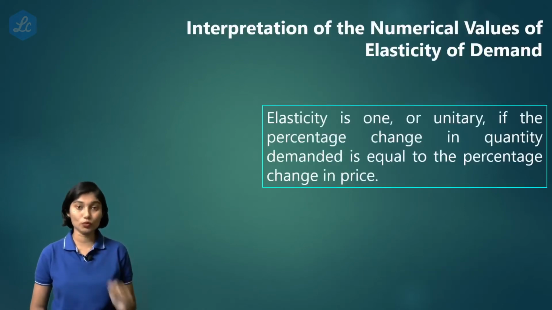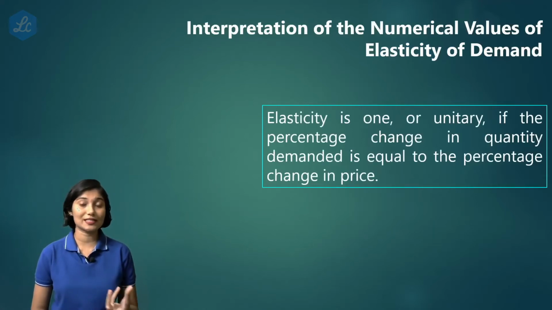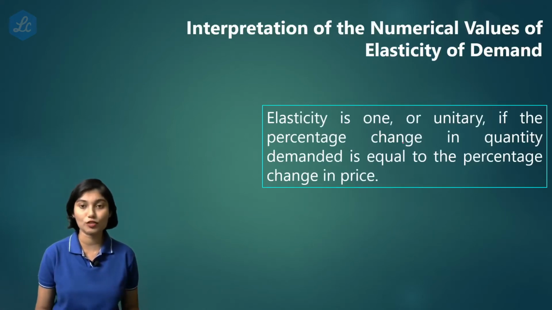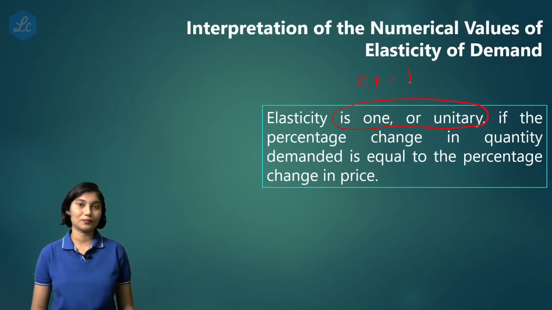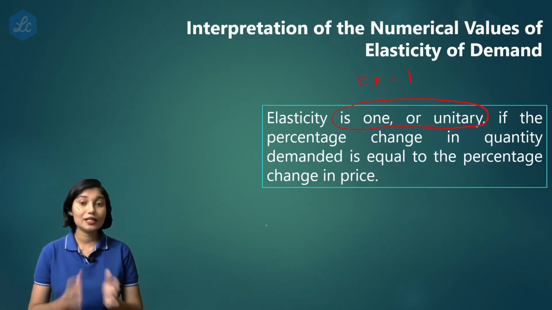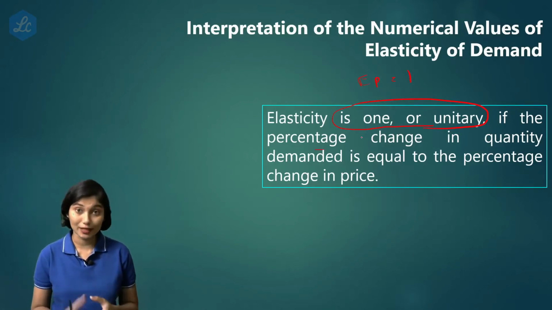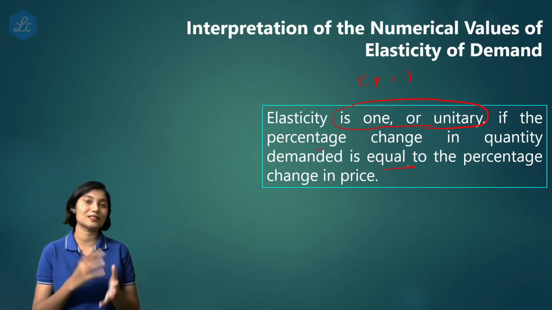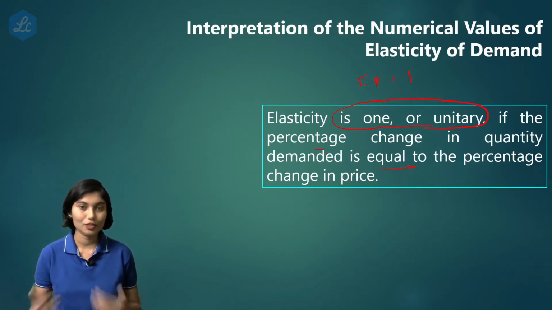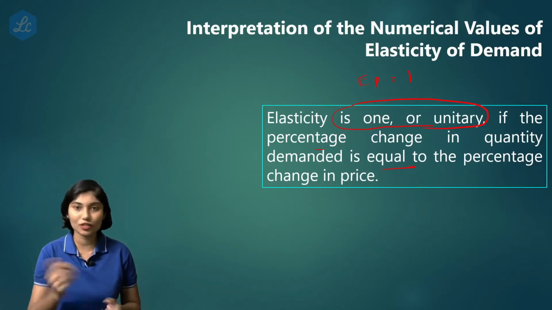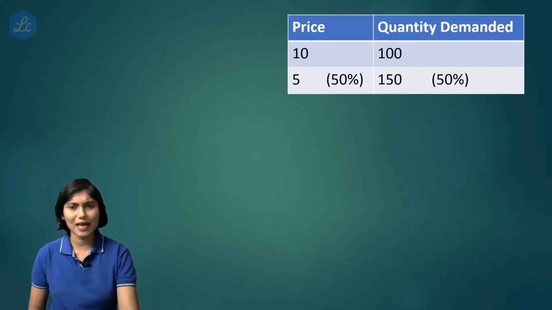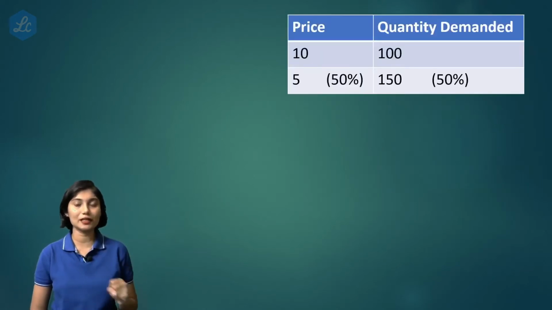Next, we go to the case where your elasticity is 1, which is also called unitary. What does this mean? EP is equal to 1. It means your percentage change in the quantity demanded is the same as the percentage change in price. Your numerator and denominator are the same, then it is going to be 1, right? When will this happen? Let us take an example.